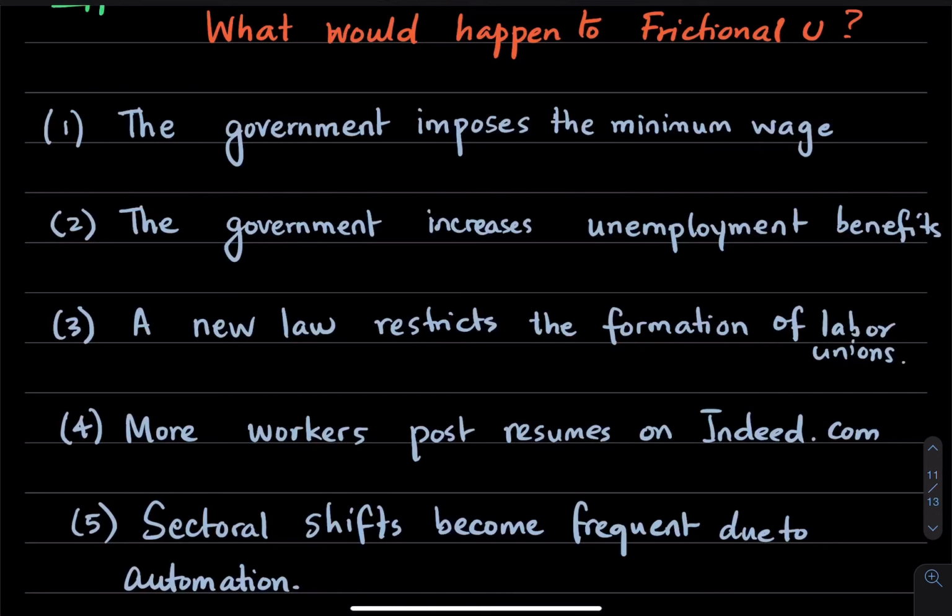The second part says that the government increases unemployment benefits. When there is an increase in unemployment benefits, like the situation right now, this is likely going to increase frictional unemployment. This is an incentive for people to get a little more relaxed, because if they've been laid off from their job, they can be rest assured that they will be paid some unemployment insurance and they can look for work. So it is going to increase frictional unemployment.